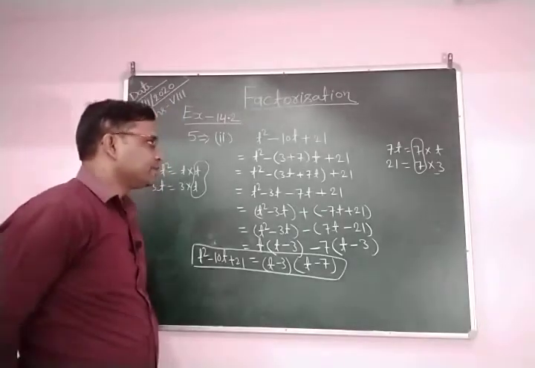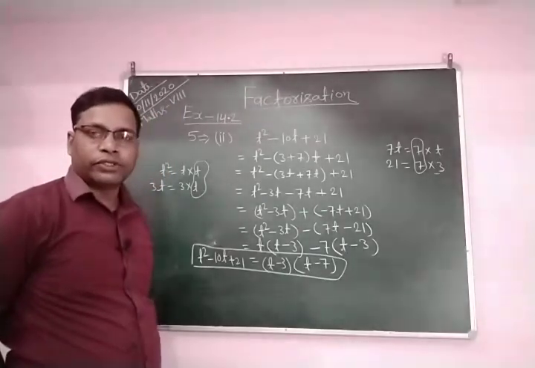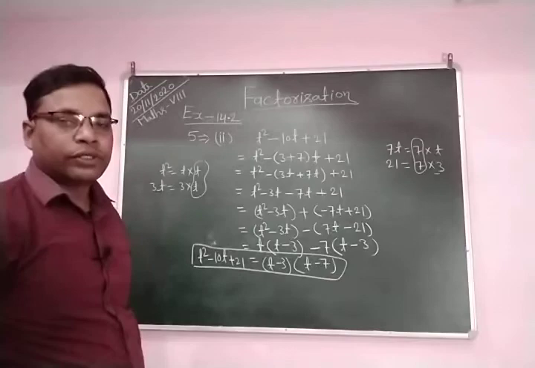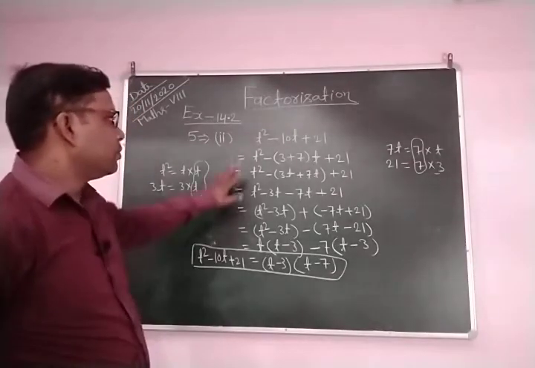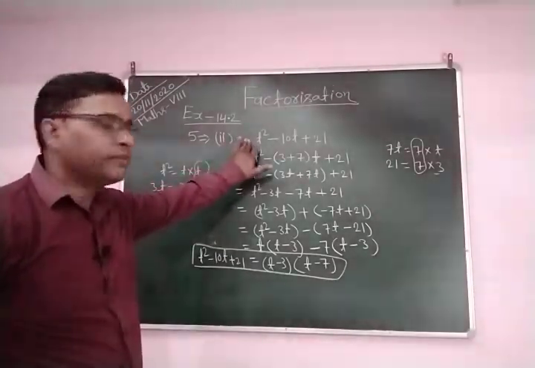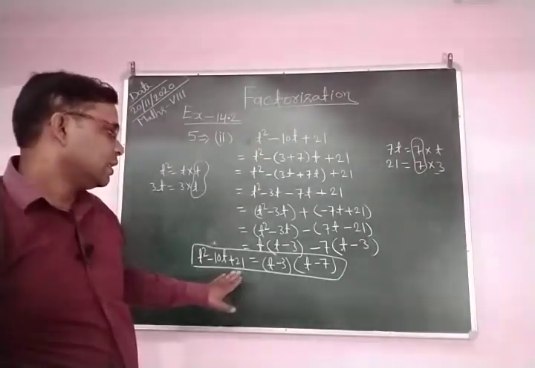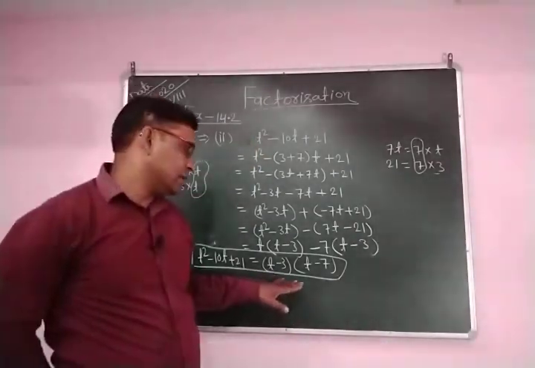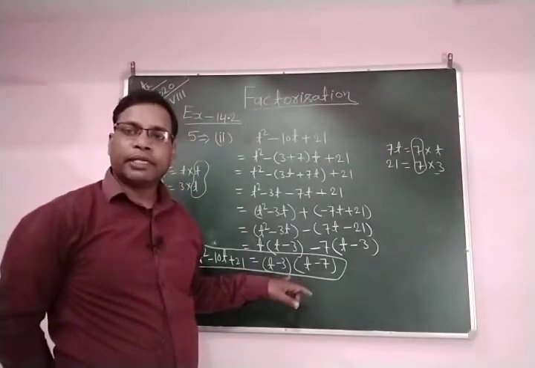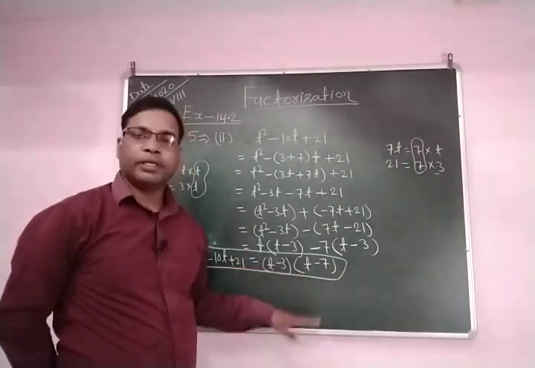So students, I hope all of you understood this question. In these questions, we have to find the factors of t square minus 10t plus 21. So this is equal to t minus 3 into t minus 7.